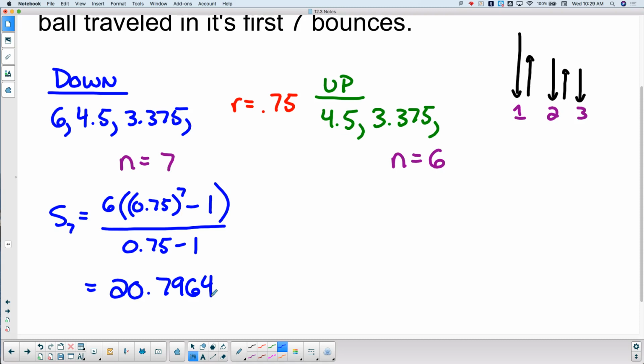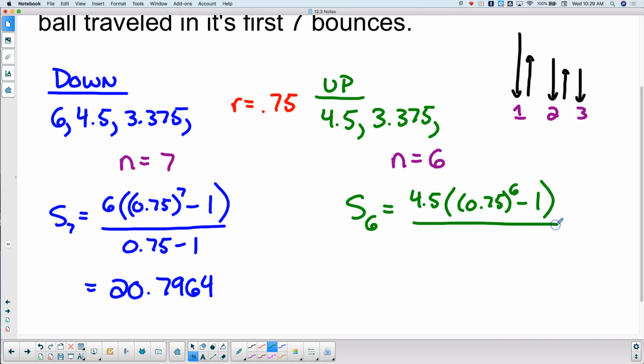Okay? Ups. So now this is going to be the sum of the first 6 terms, the first 6 ups. 4.5, 0.75 to the 6th power. I get here, oops, that's a bad 5.